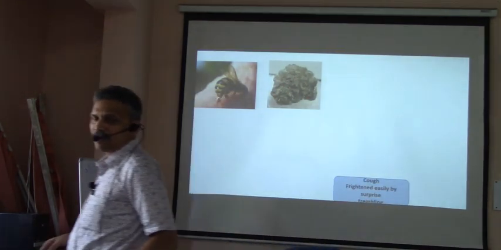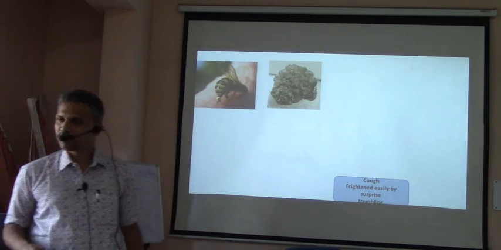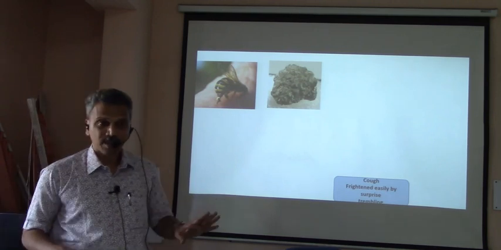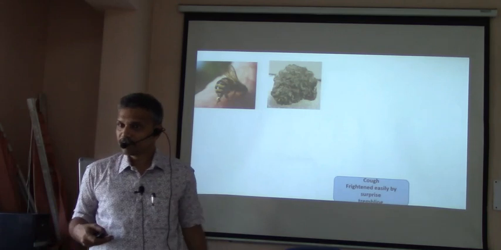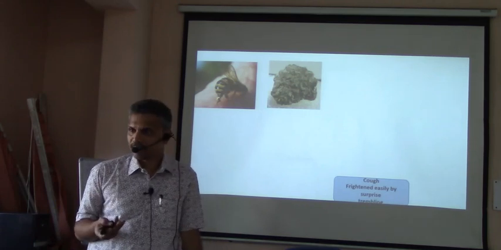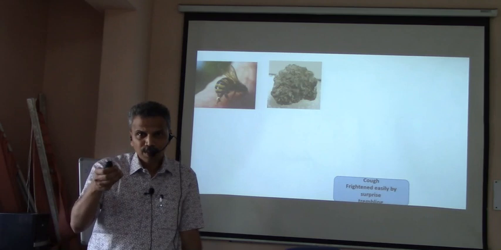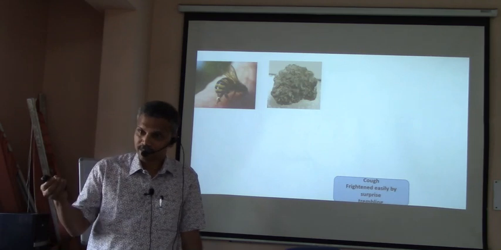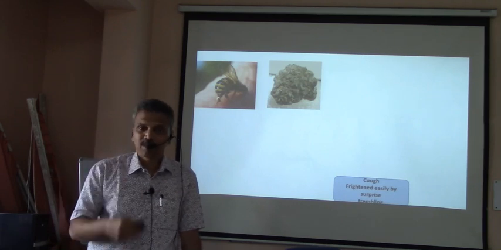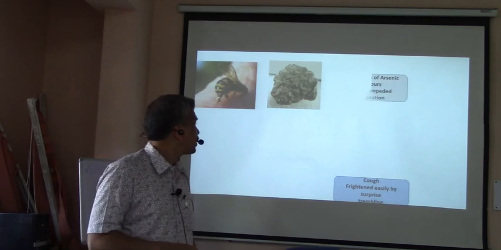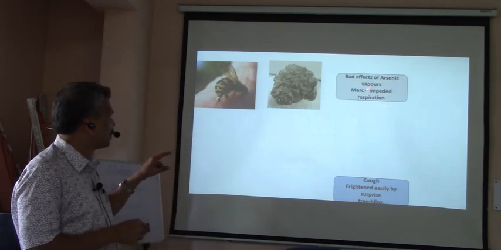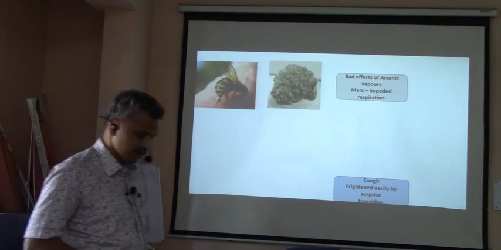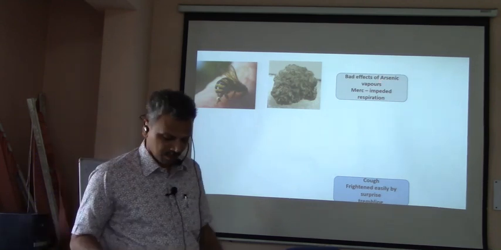There are a lot of remedies mentioned in your books, but limiting to Merc, what we see is when they have difficulty in breathing after getting exposed to arsenic vapors, one remedy could be Merc. Okay? Impeded respiration after getting exposed to arsenic vapors is Merc.